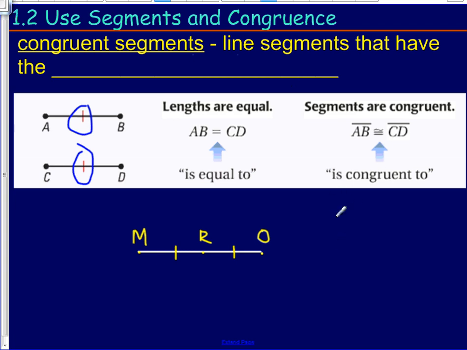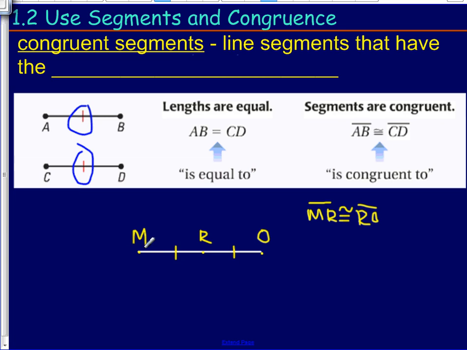So we could write it like this. MR is congruent, and the congruent sign is that equal sign with a little squiggly on top, to RO. In this case, they are both segments, so we can't forget that.